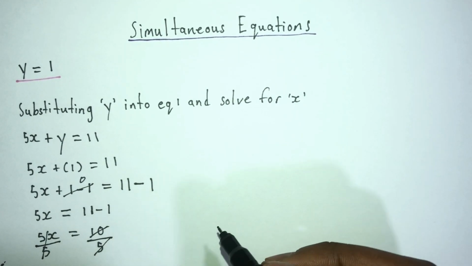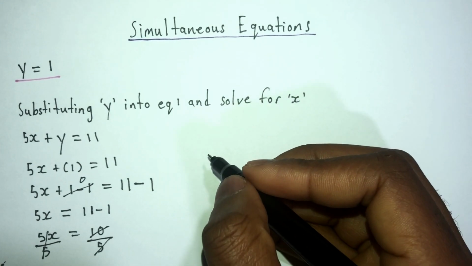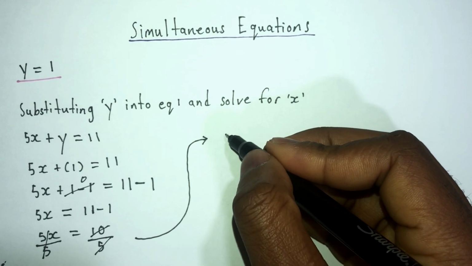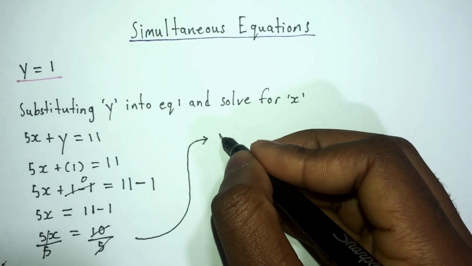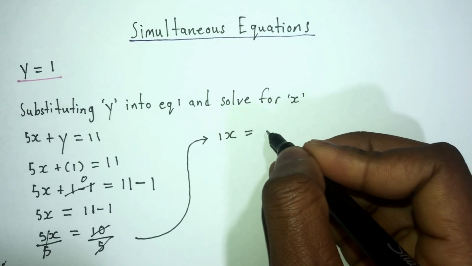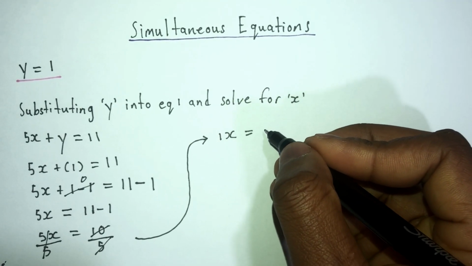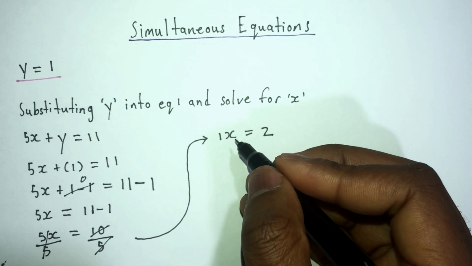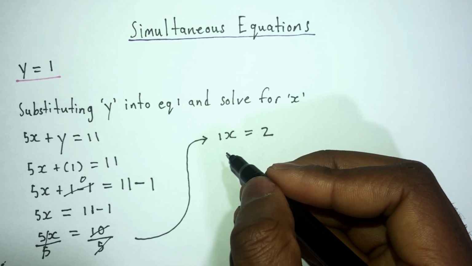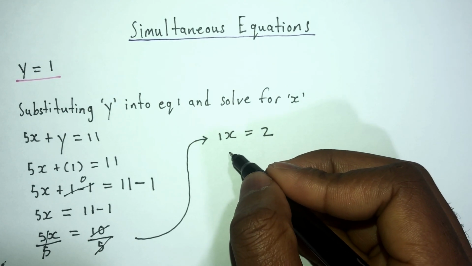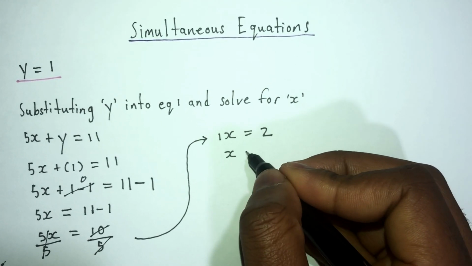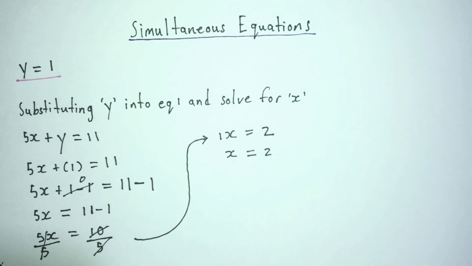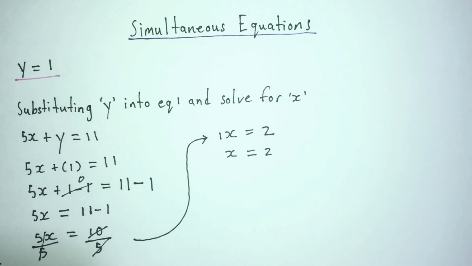So this leaves us with 5 into 5 goes 1 times, 1x equals 10 divided by 5 gives us 2. And 1 times any number is the number itself. So 1 times x is x. So our x value is 2.